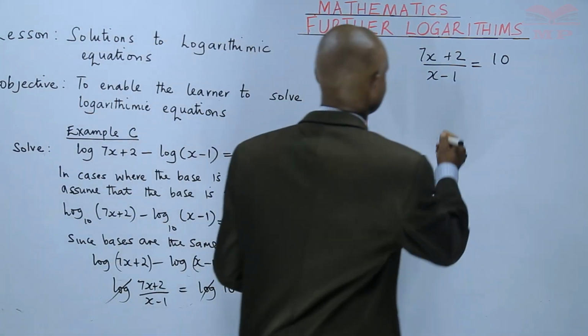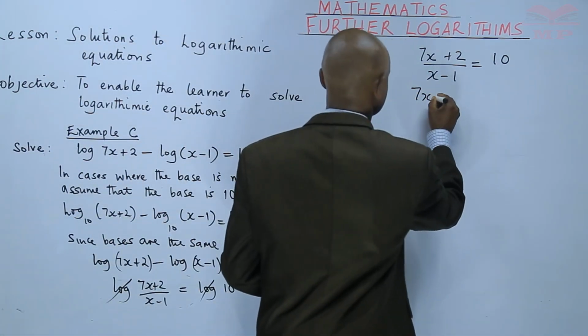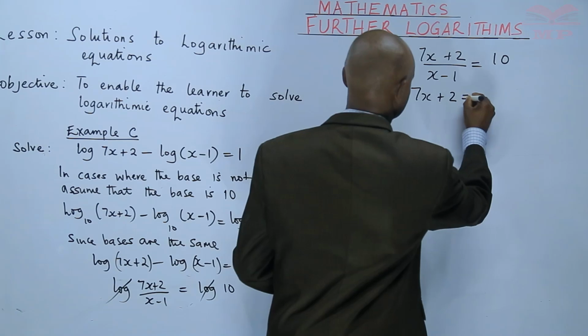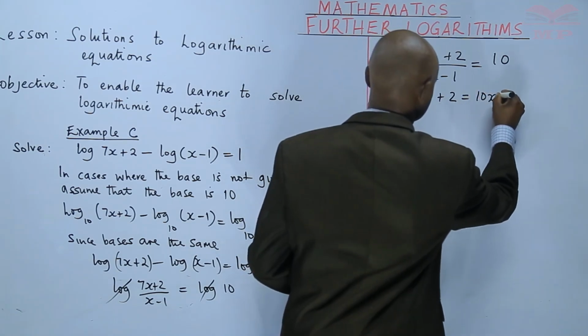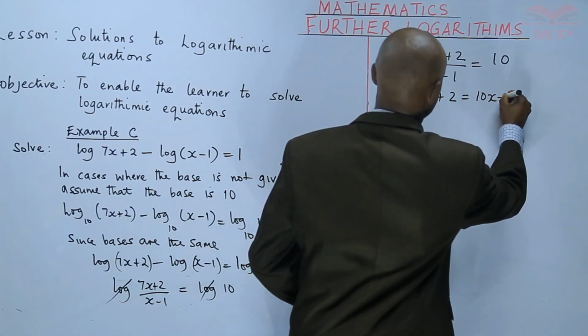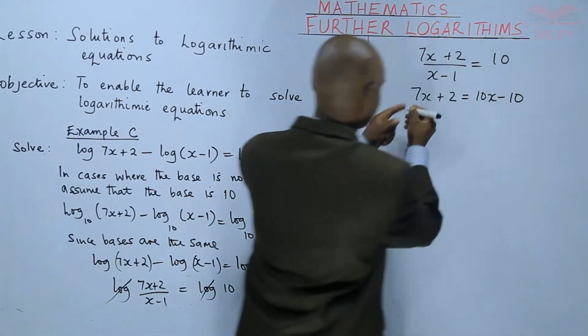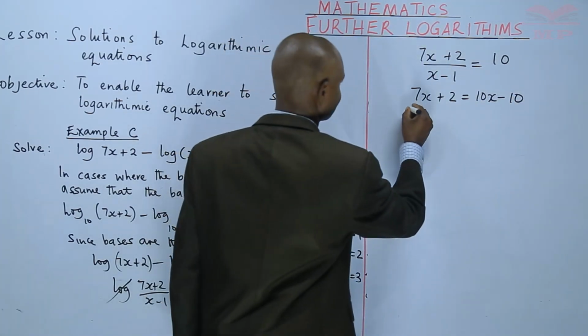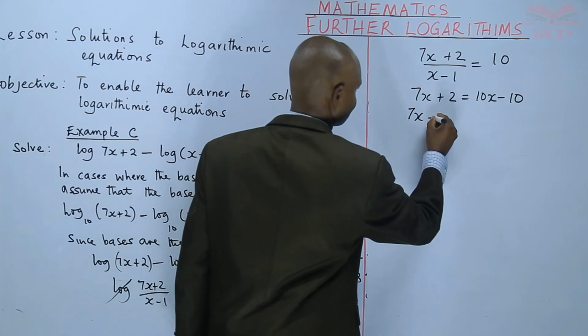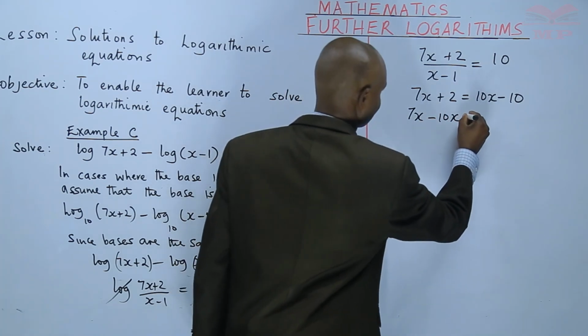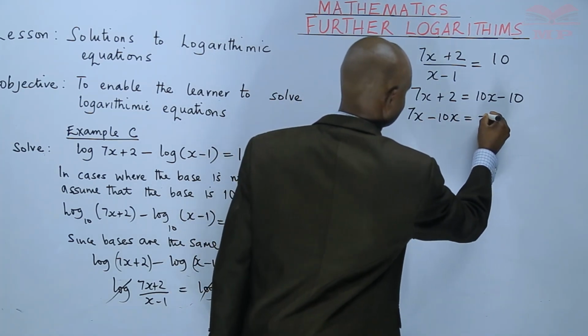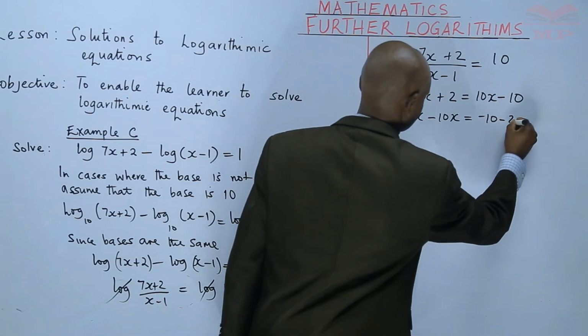From there you cross multiply. So you'll have 7x plus 2 is equal to 10x minus 10. Bring the like terms together. You'll get 7x minus 10x is equal to minus 10 minus 2.